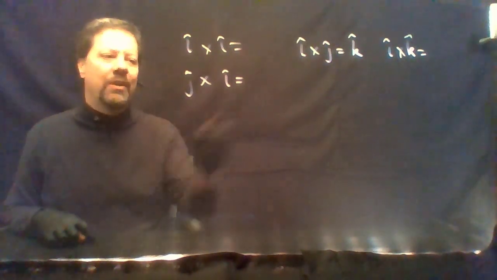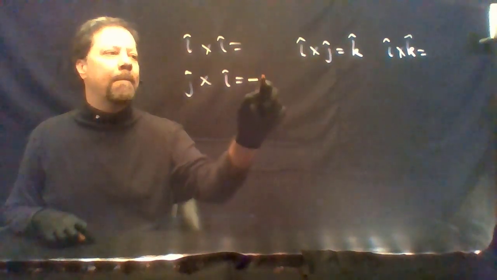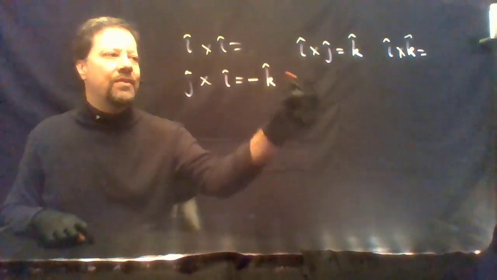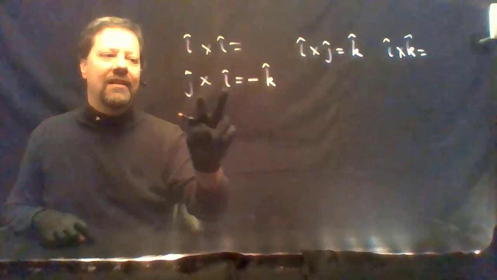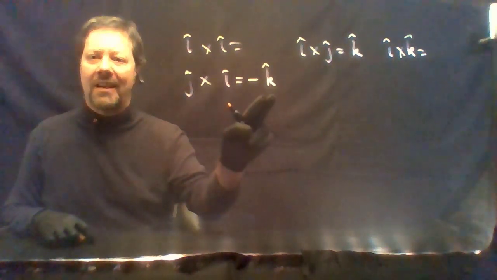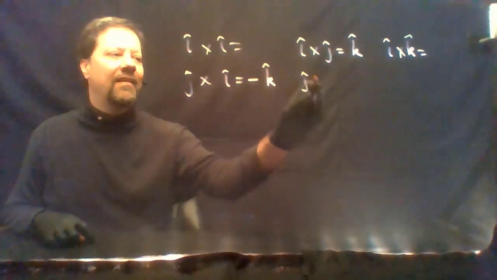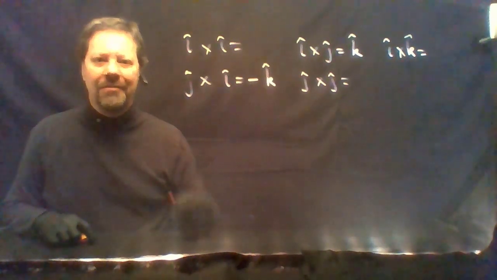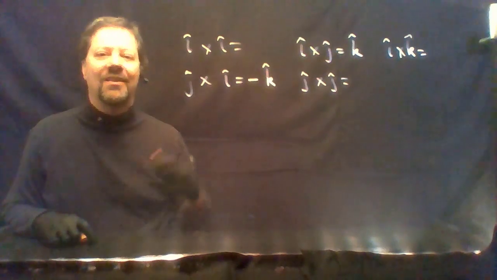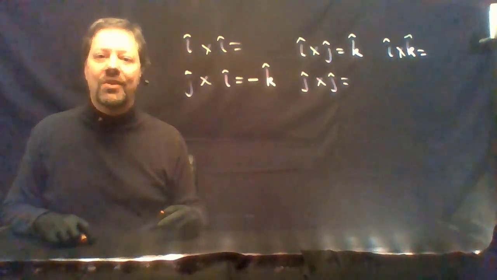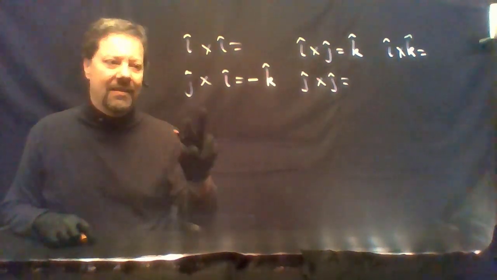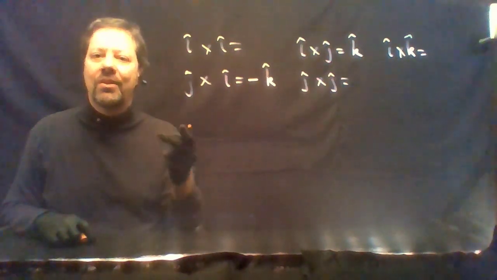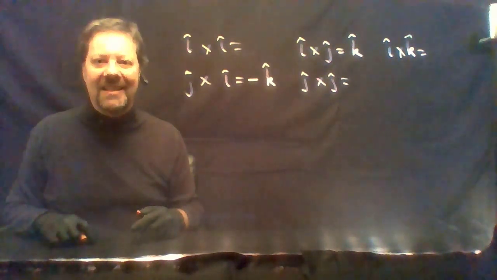It gives you a minus when you reverse the order. So if i cross j is k, then j cross i is minus k. Is the word anti-commutative a new word for you? We also sometimes say skew symmetric. It's not symmetric, it's skew symmetric by giving a minus sign.